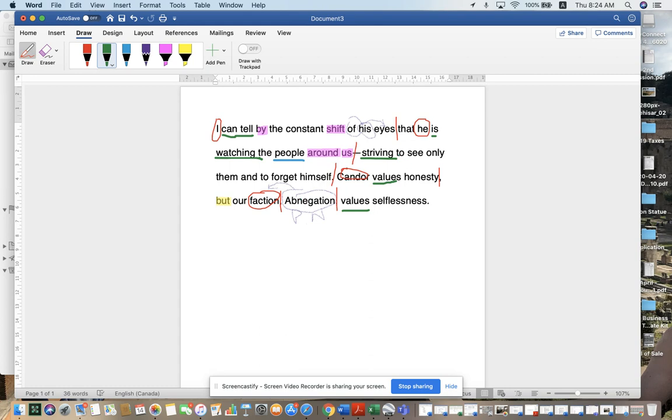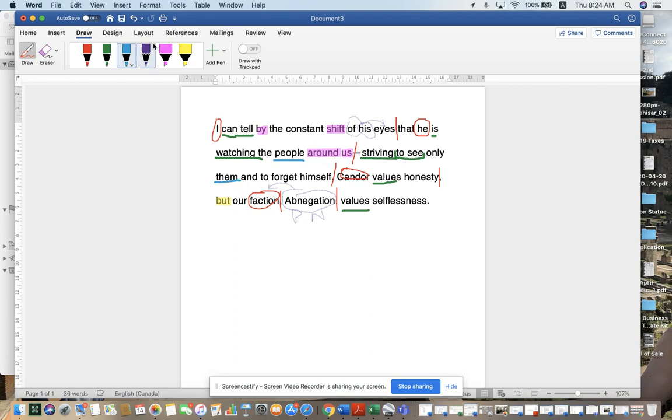So striving, what is the direct object of striving? We have this right here, which is the object infinitive. This is a verb, to see, but it's an object infinitive. It is the direct object of what he's striving. Striving to see them. There's the direct object.